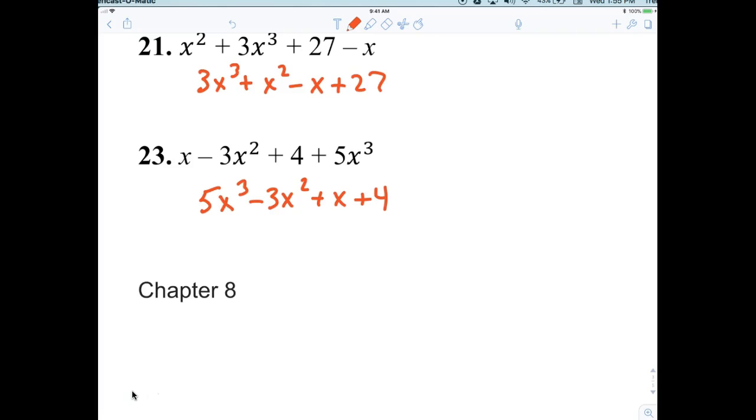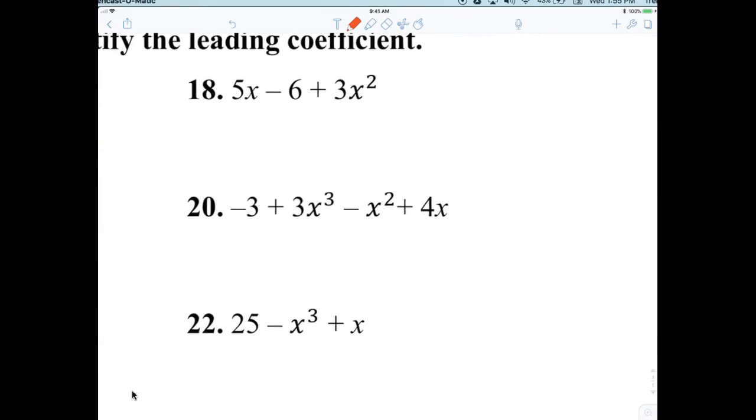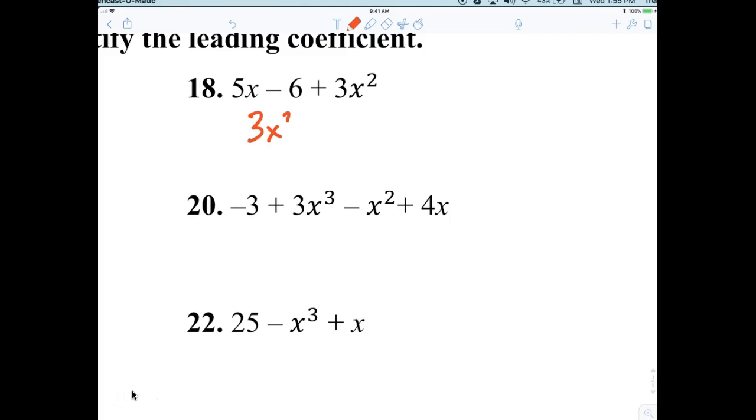All right, now let's go back up and finish it off. So 18 is 3x squared plus 5x. Told you, very easy. Now let's take a look at 20. It would be what? 3x cubed minus x squared plus 4x minus 3.